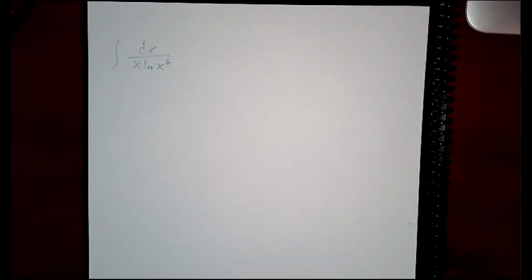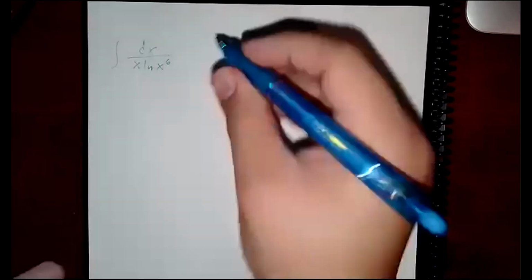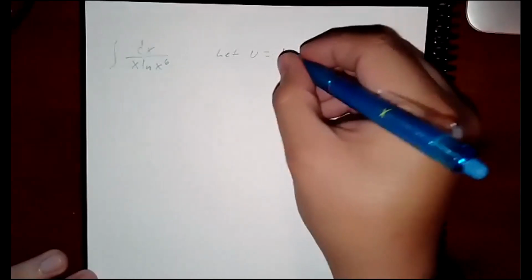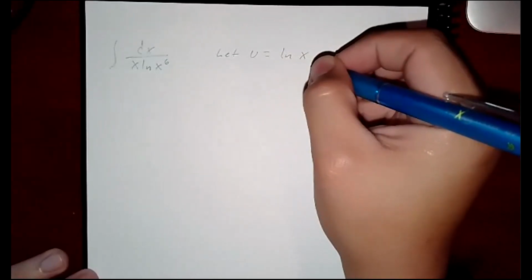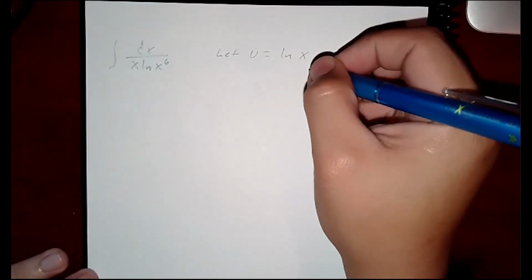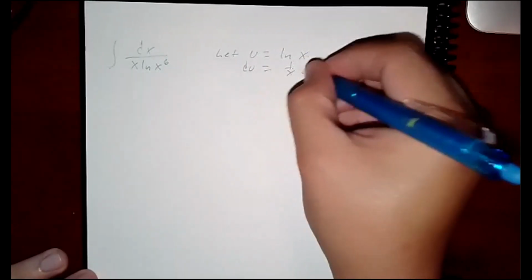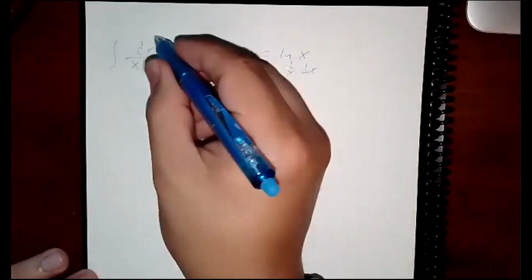Oh well. Okay. So this has to be a u sub. Let u equal ln x. So du would be 1 over x dx, which is right here.